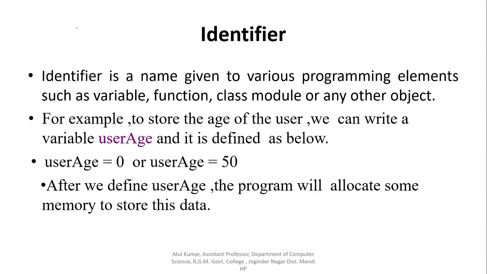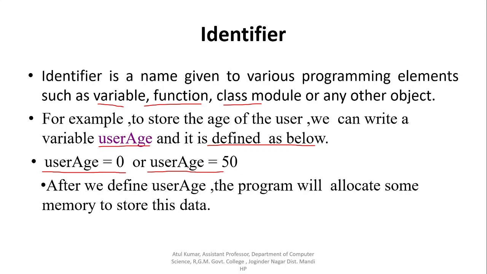Firstly, I will discuss the identifier. An identifier is the name given to various programming elements such as variables, functions, classes, modules, or any other object. Suppose we have to store the age of the user, so we can write the variable name as user age, and it is defined as: user age is equal to 0 or user age is equal to 50.